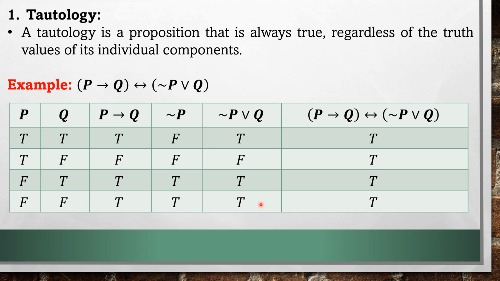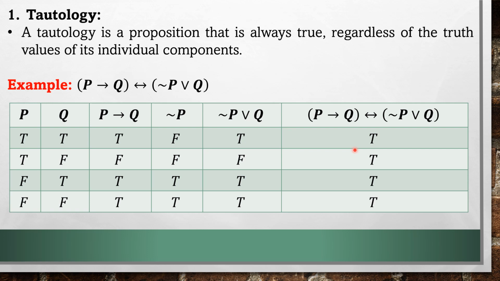Okay? Now, let's proceed po sa ating whole symbol. So, ano po yung ating kabuang symbols? We have if P, then Q, only if, not P or Q. Okay? So, saan tayo titingin? Dito po sa ating third column and fifth column. Okay? So, kailan naman po magiging true at kailan magiging false ang ating only if or if and only if statement?